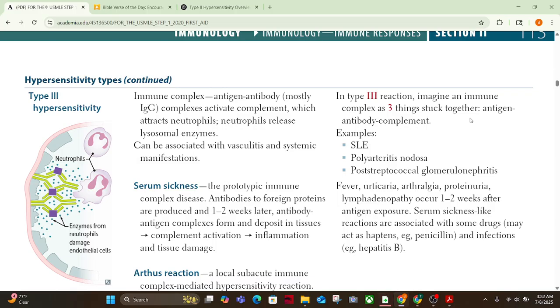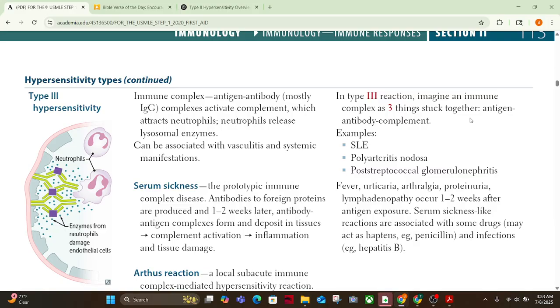So normally antigen is from the outside, and our body makes antibodies, not antigen, against that antigen, like in serum sickness. That's exactly what happens in serum sickness.